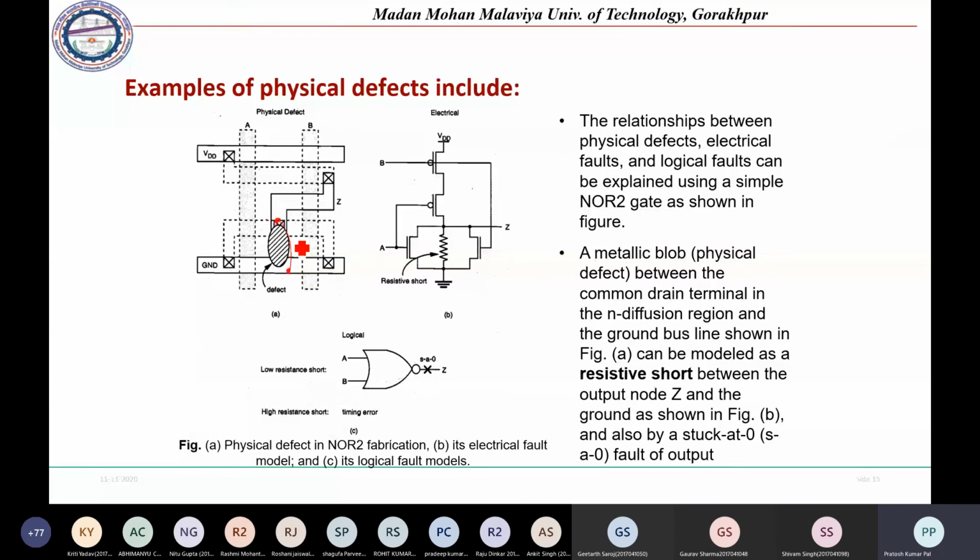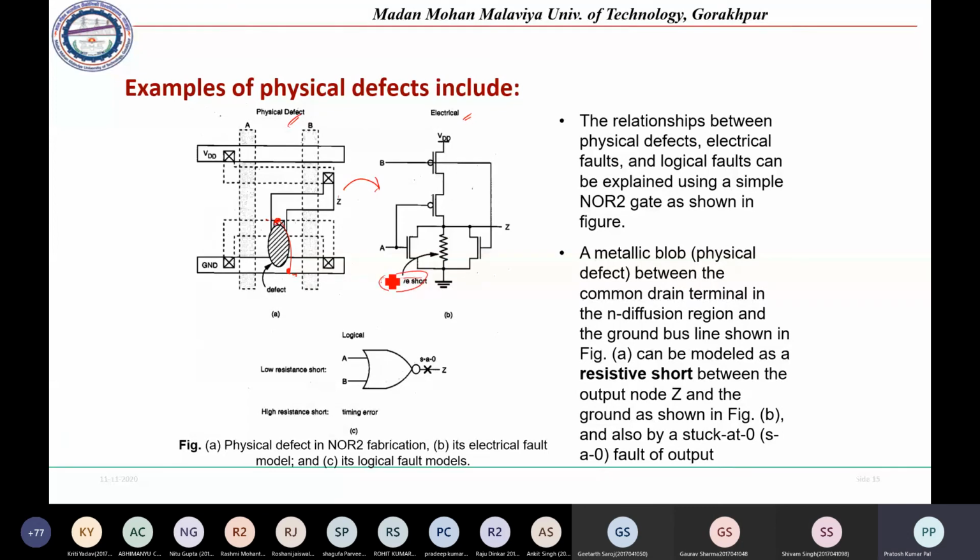This terminal is your Z, so that means Z is connected to ground. This can be represented in terms of a circuit. This is the physical defect. In the electrical part, we can see the output terminal Z is connected to ground by a resistance, a resistive short.